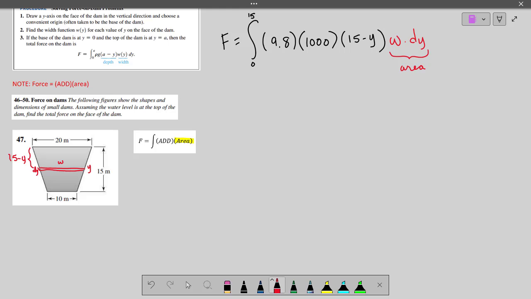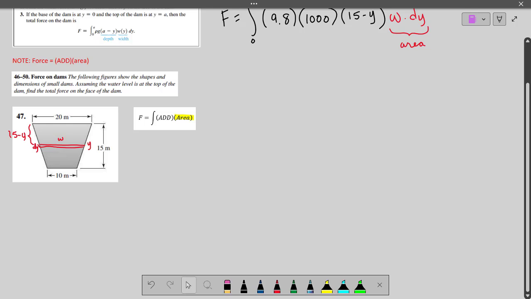So we need to figure out what W is. That's going to be the hardest part usually. So what we are going to do is imagine a coordinate system right here. So if we put a coordinate system like that, we are going to need the equation of this line over here. And so the equation of a line is best found by using the point-slope formula with a pair of points.